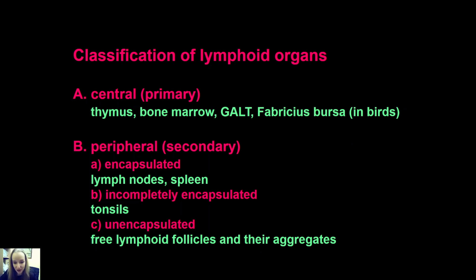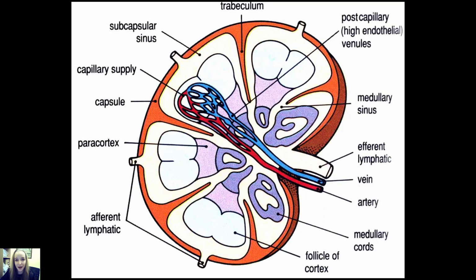Once again, we have the thymus and bone marrow as central lymphoid organs, and lymph nodes, spleen, and tonsils as peripheral lymphoid organs. First, let's start with lymph nodes. The lymph must pass through at least one lymph node before returning to the venous system, as I said before.